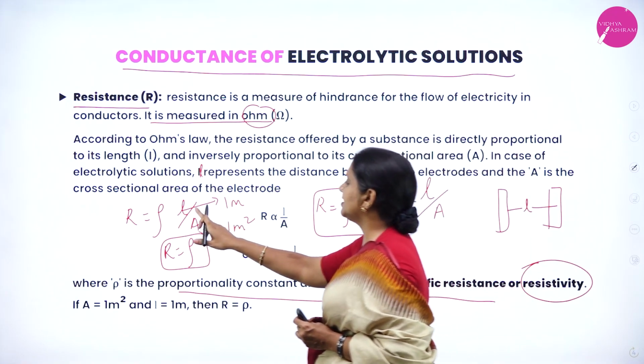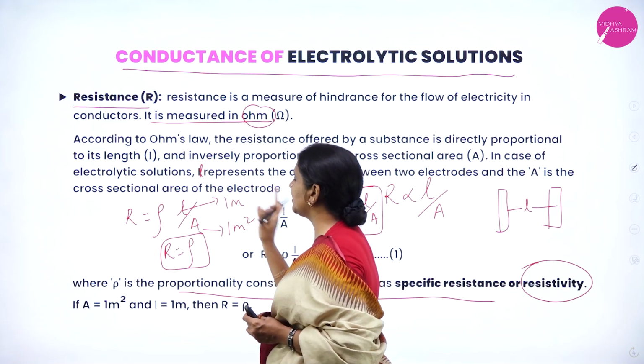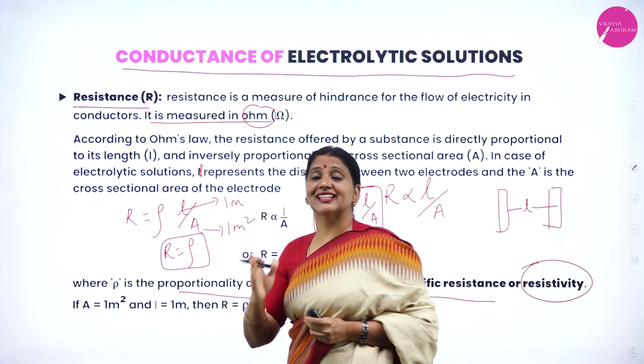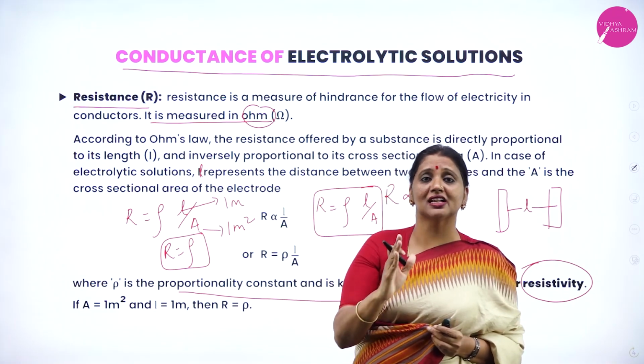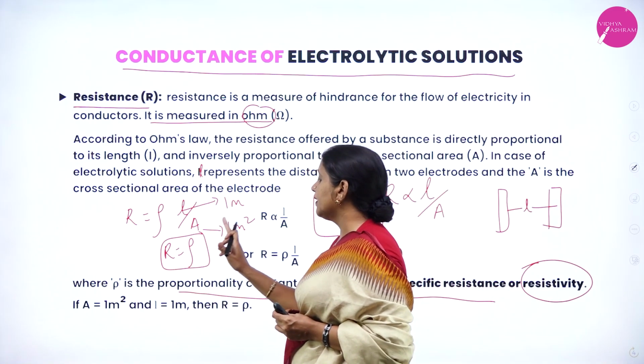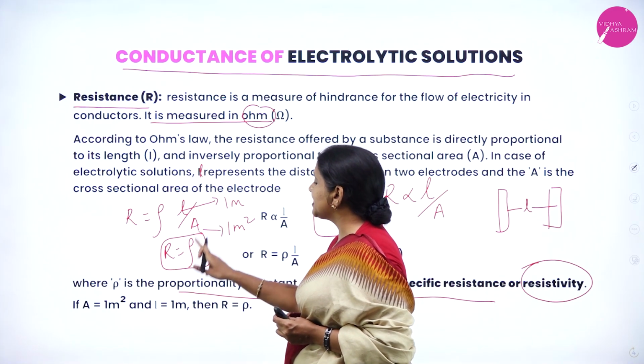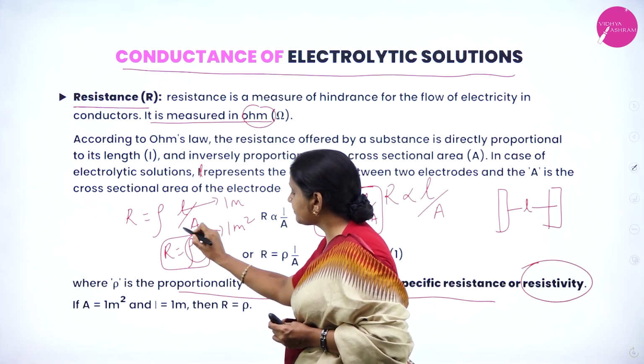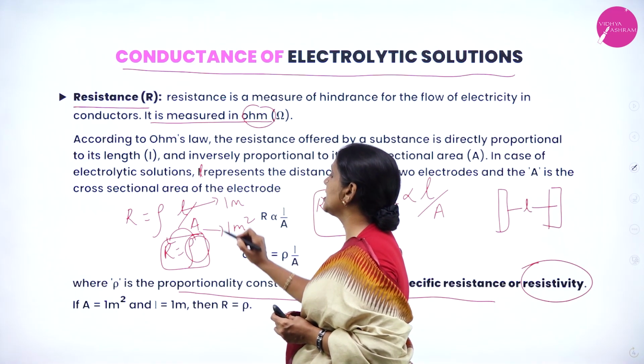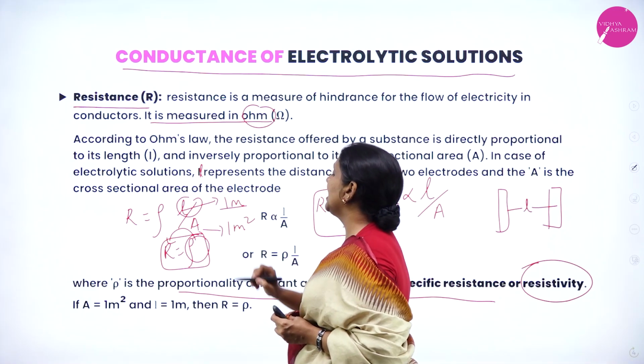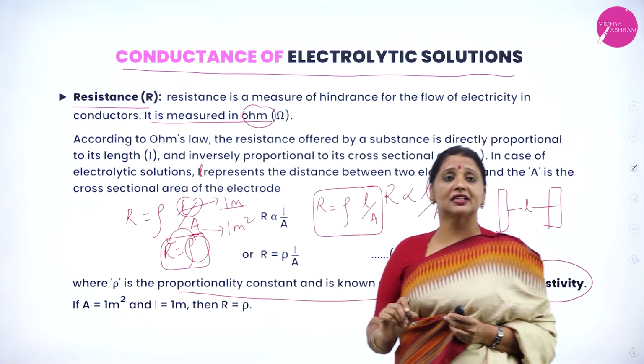So, when the length of the material or the distance between two electrodes is 1 meter and the area of cross section is 1 meter square, R is equal to rho. Therefore, resistivity of the substance is the resistance of the substance when its length is 1 meter and area of cross section is 1 meter square.